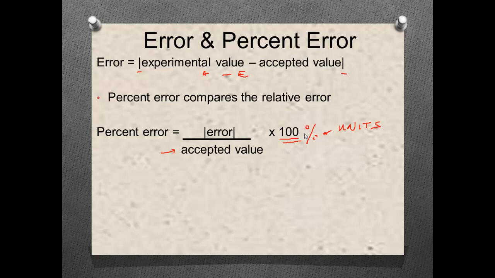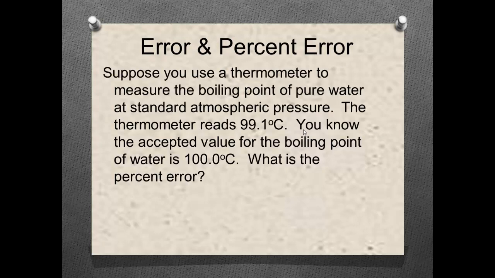Okay, so let's try a problem here. Suppose you use a thermometer to measure the boiling point of pure water at standard atmospheric pressure. The thermometer reads 99.1 degrees Celsius. You know the accepted value for the boiling point of water is 100 degrees Celsius. What is the percent error? So here's my accepted value. Here's my experimental value then.